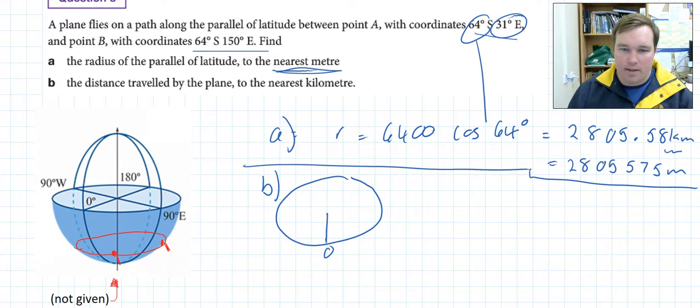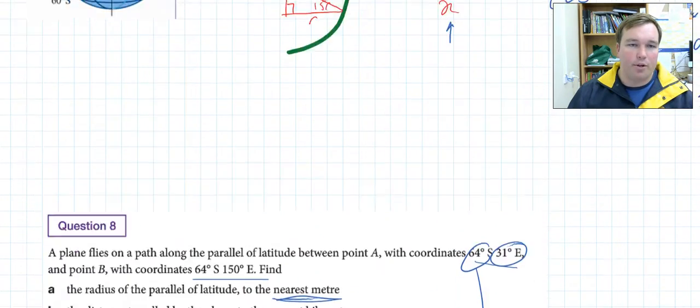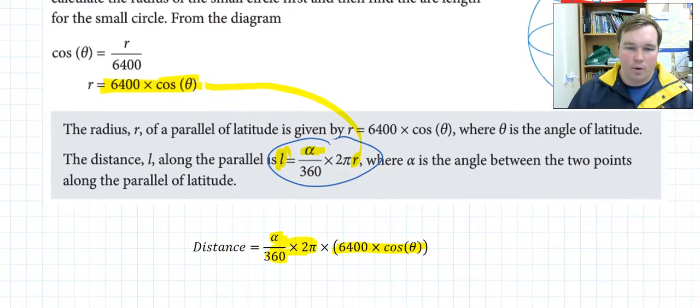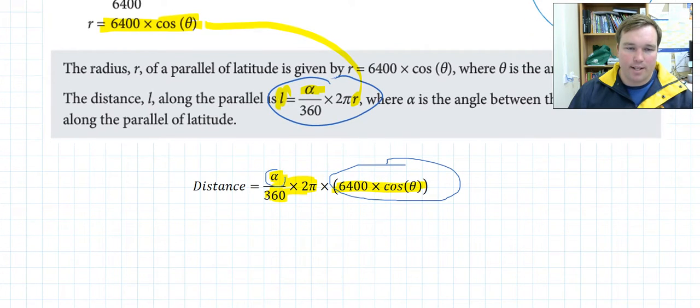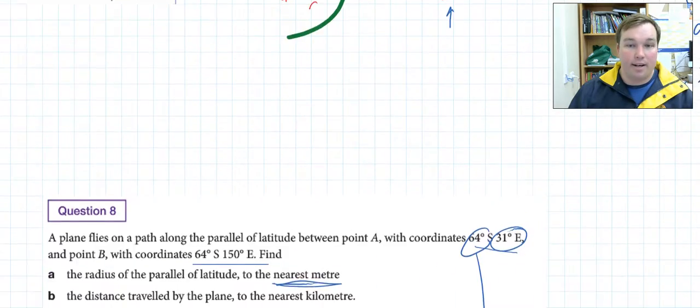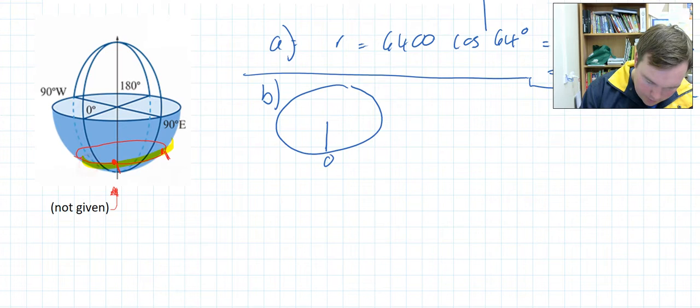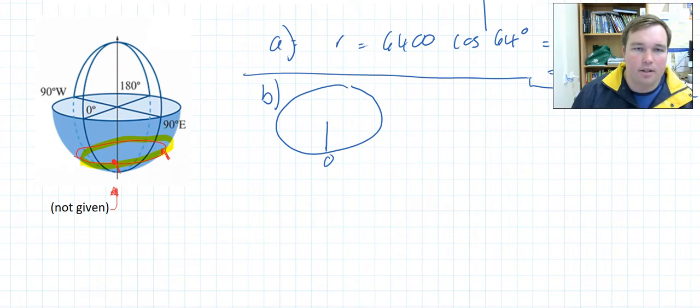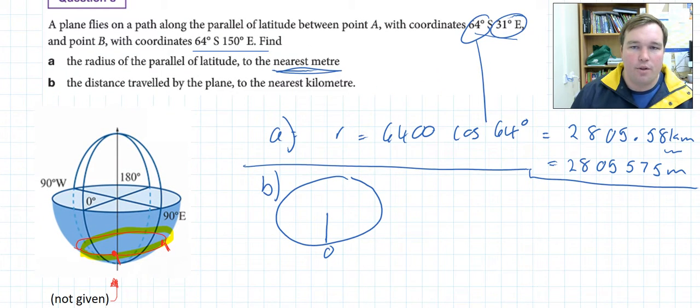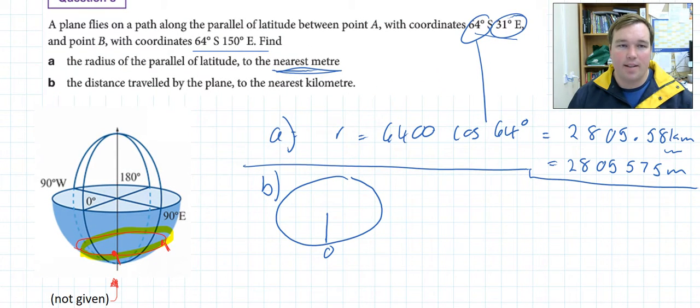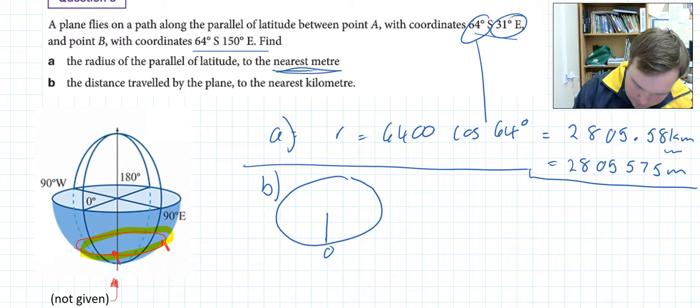Alright, now part B, we are going to use the formula we wrote above. We've already calculated that bit as the radius of the small circle. We just need to find this A here. Now, this is where we look on that small circle from above and note that one is 31 degrees east and the other is 150 degrees east.